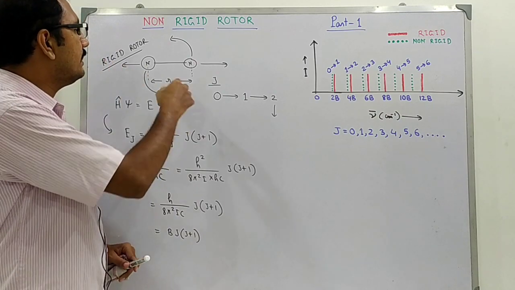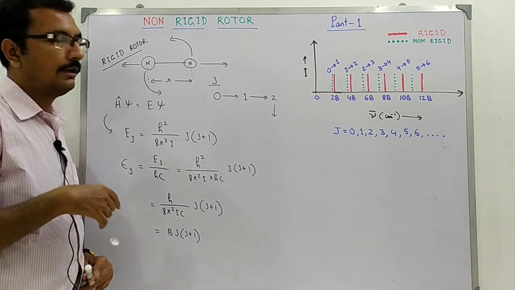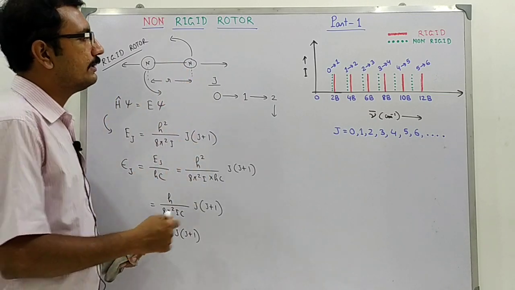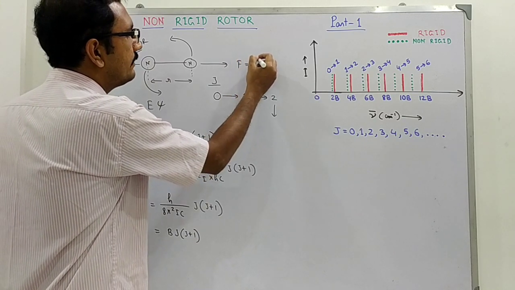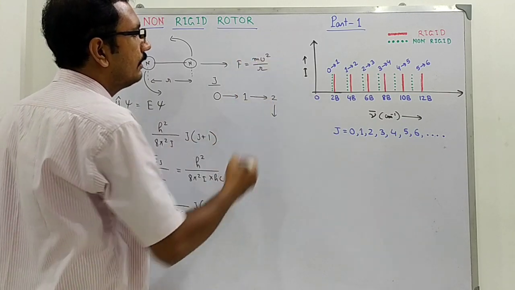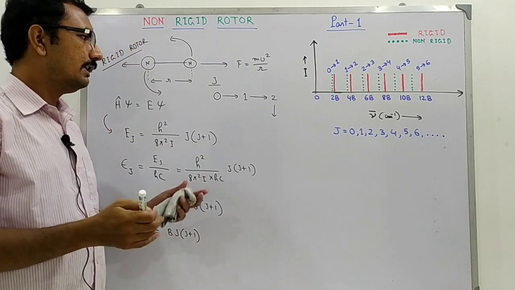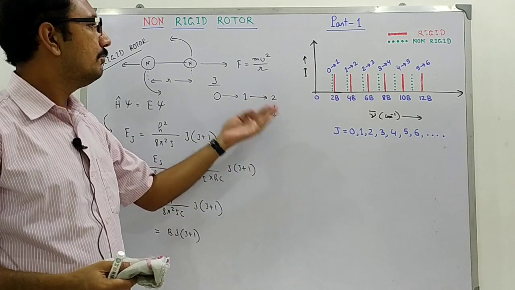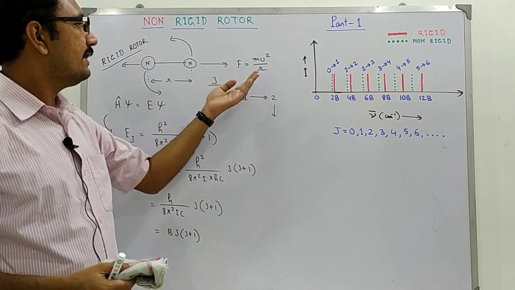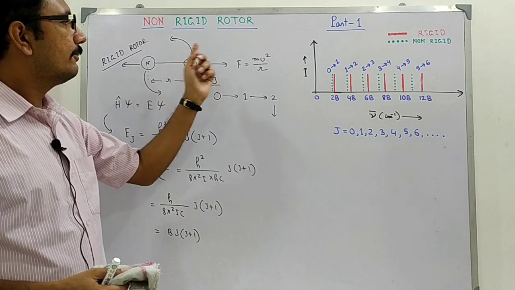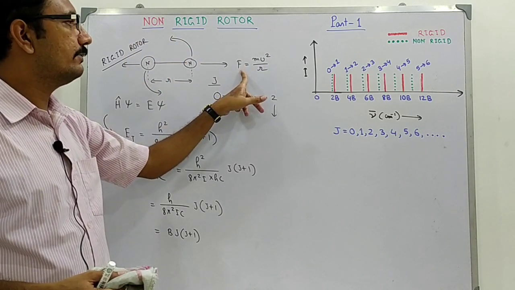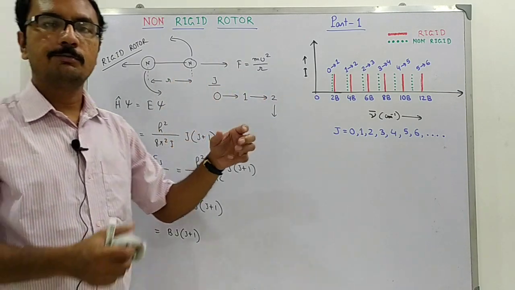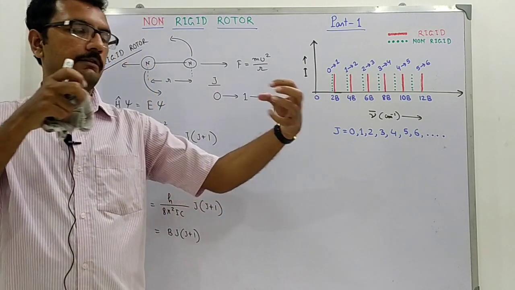That is, the more quickly the molecule will rotate, and with an increase in velocity, the more will be the centrifugal force, since centrifugal force carries the formula mv squared by r. So, the more the J value, the more will be the rotational energy, the more will be the speed of rotation. So, an increase in velocity will increase the centrifugal force. Now, that is going to distort the molecule, and the bond length will experience an increment.